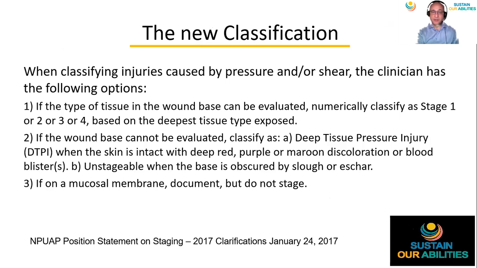If the type of tissue in the wound base can be evaluated, numerically classify as stage 1 or 2 or 3 or 4 based on the deepest tissue type exposed. If the wound base cannot be evaluated, classify as A. Deep tissue pressure injury when the skin is intact with deep red, purple or maroon discoloration or blood blister, and B.